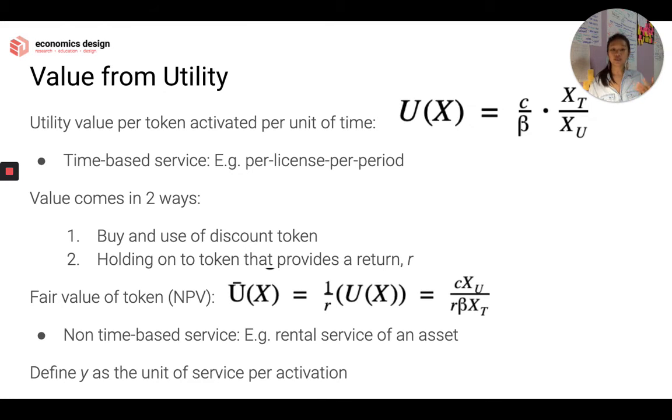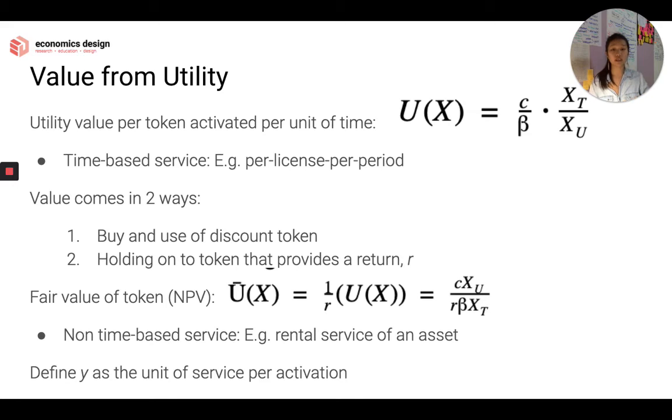The utility function will be cost over a parameter. So C is cost, and beta is the parameter that you just input into your ecosystem.